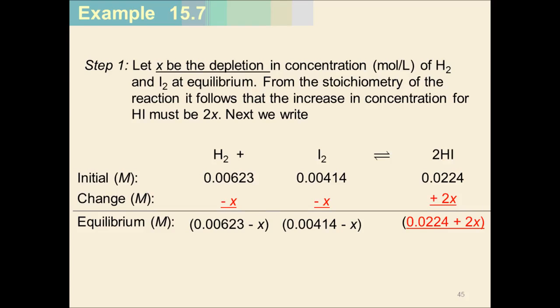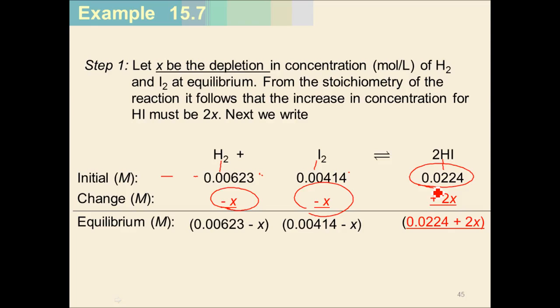Now we want to run through our ICE table. Step 1, let X again be the depletion in concentration of H2 and I2 at equilibrium. Look what we're doing. We're taking our initial concentrations of H2 and I2, and this time we did have some HI in our system, so 0.0224.